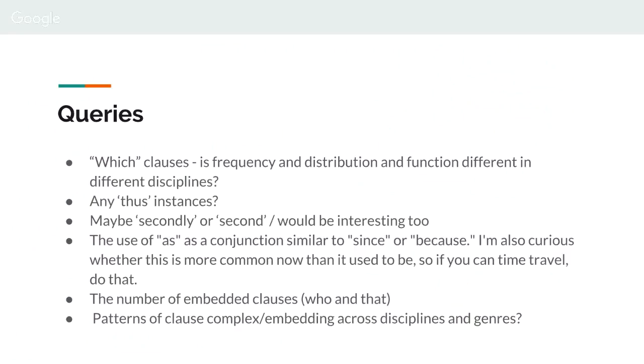So I crowdsourced a few queries that we could use from Facebook, from my friends list, and these are some of the queries that people wanted to know about the BAWE corpus. Just as a quick refresher, in the BAWE subcorpus we have 20 texts, 10 are from the humanities, 10 are from the sciences.